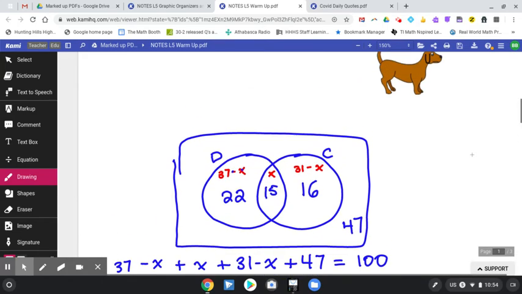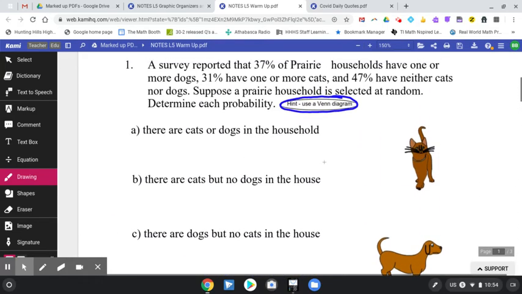All right, let's try to answer these questions now. So the first question, there are cats or dogs in the household. So just a reminder, or means add. And back to Unit 4, when we first did set theory, this would be written as the union between the cats and the dogs.